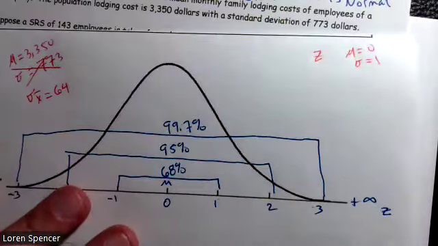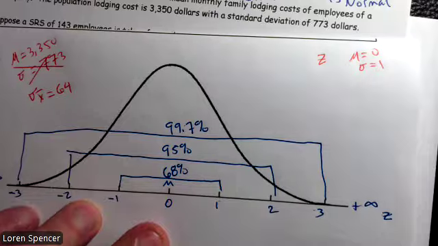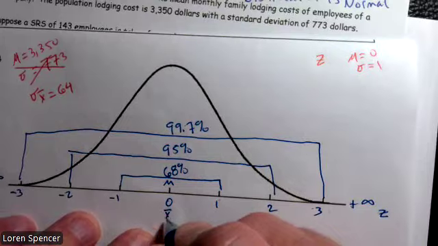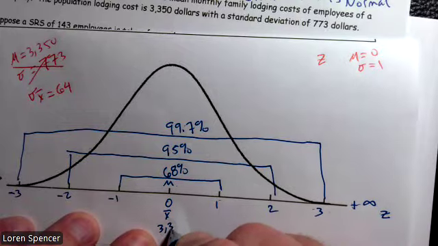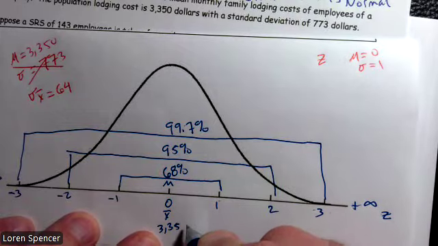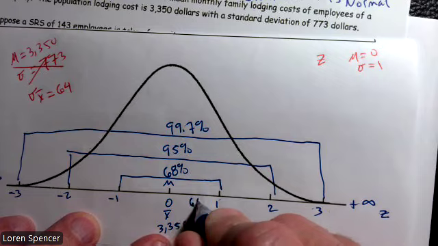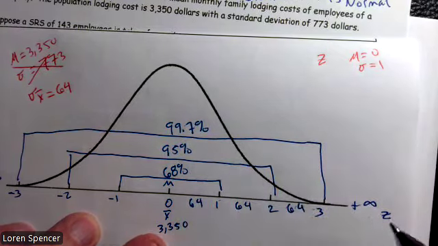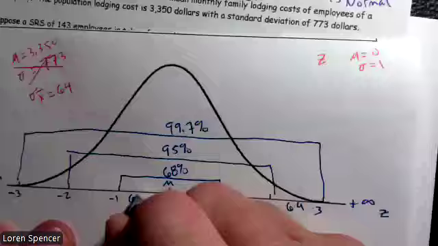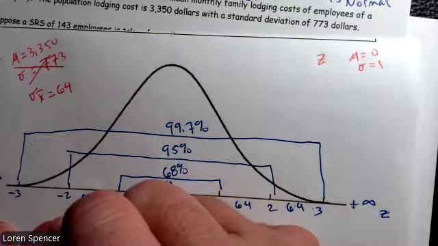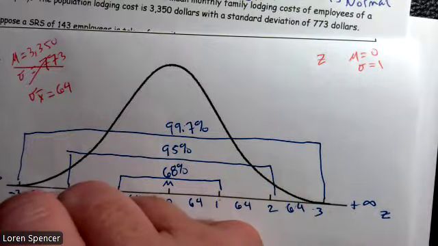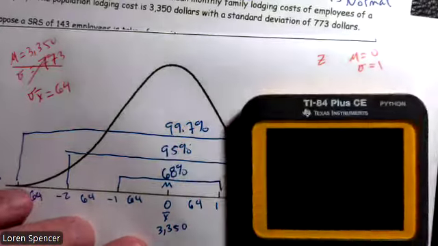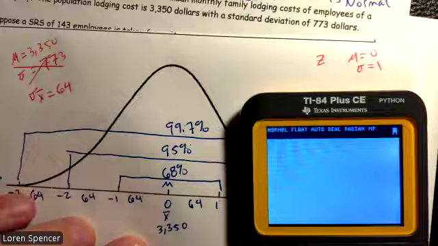All right, so I need the mean of my actual. My actual mean, or X bar, is 3,350. I'm changing by $64 each time, whether I'm going up or going down. Please remember, the empirical rule applies to the normal, but only to the normal, but it applies to all normals.